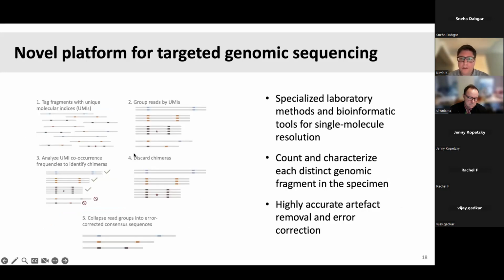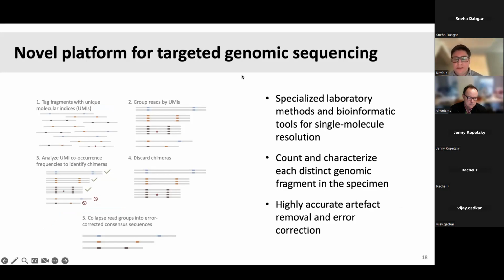Now, another thing that sets this platform apart from the conventional methods is that it can actually resolve distinct fragments of genome that have been captured. This is done using a specialized lab method called unique molecular indexing. Most standard sequencing methods generate a single consensus sequence for the specimen.